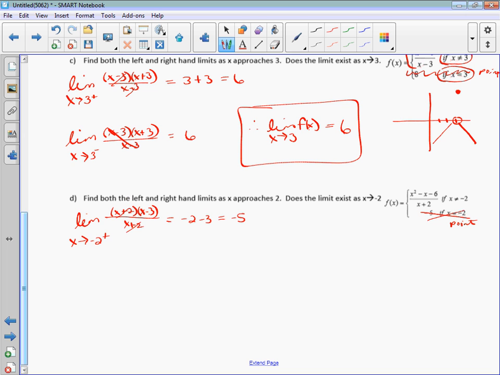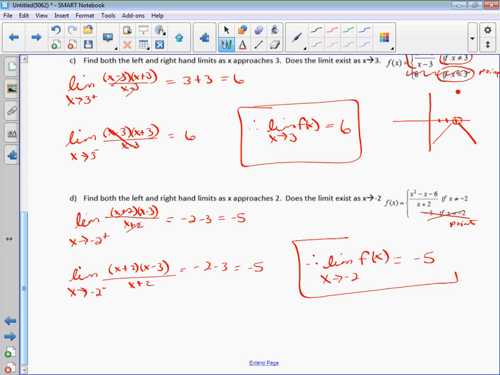Are you getting -5? Okay. It's going to be the same thing from the left. So therefore the limit of f of x as x approaches -2 is negative 5.